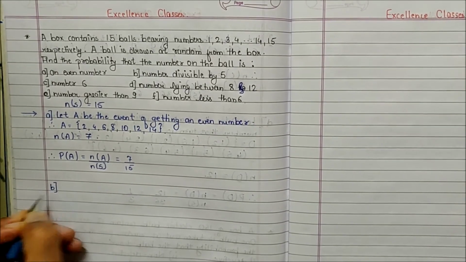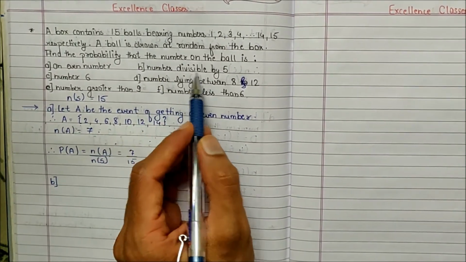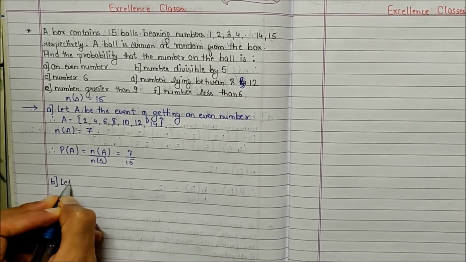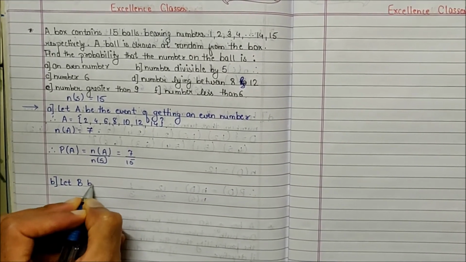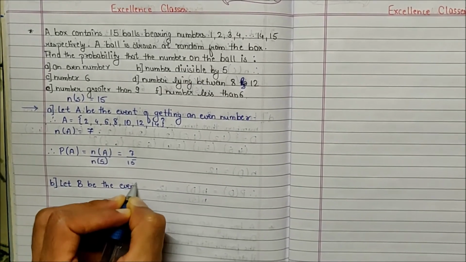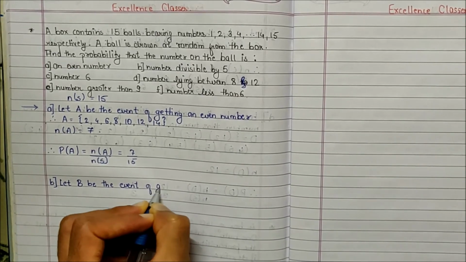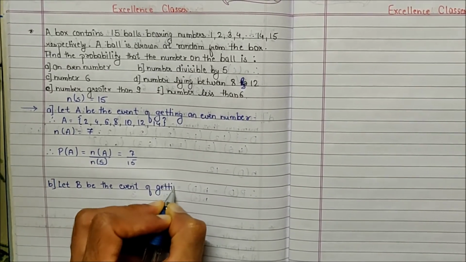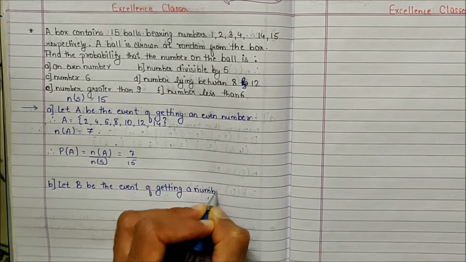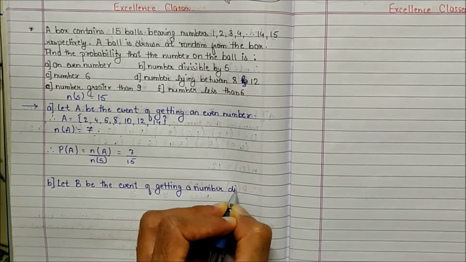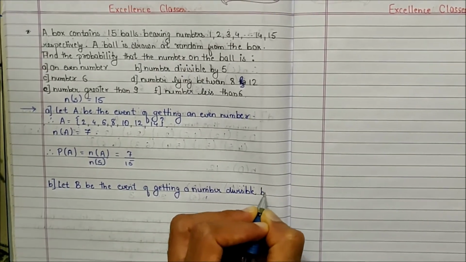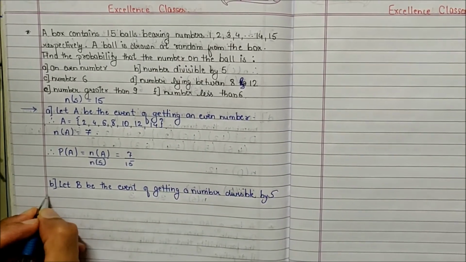In the second sub question, they have asked us to find a number divisible by 5. So let us again consider an event. Let B be the event of getting a number divisible by 5.